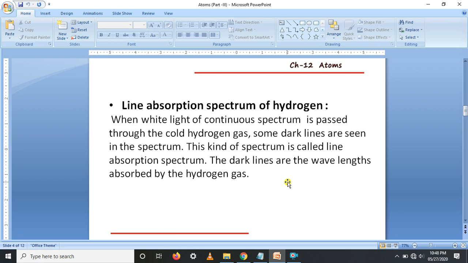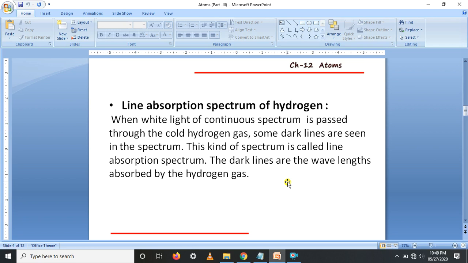So whenever the spectrum of white light passes through cold hydrogen gas, some dark lines are seen in that spectrum, and this kind of spectrum is known as the absorption spectrum.